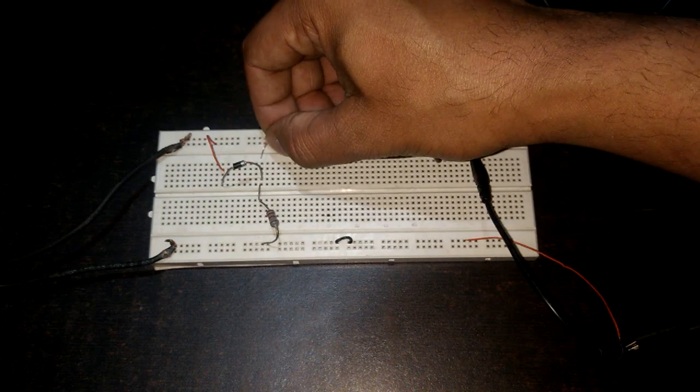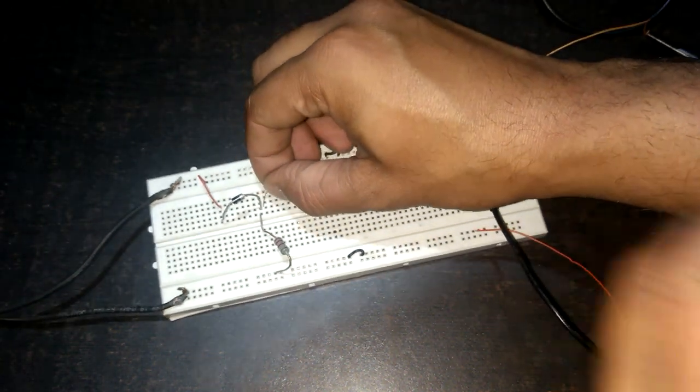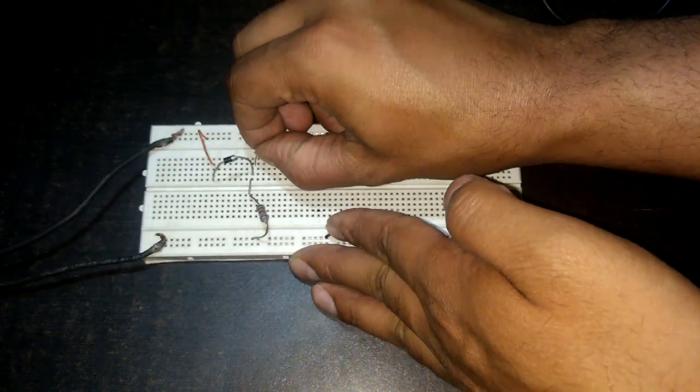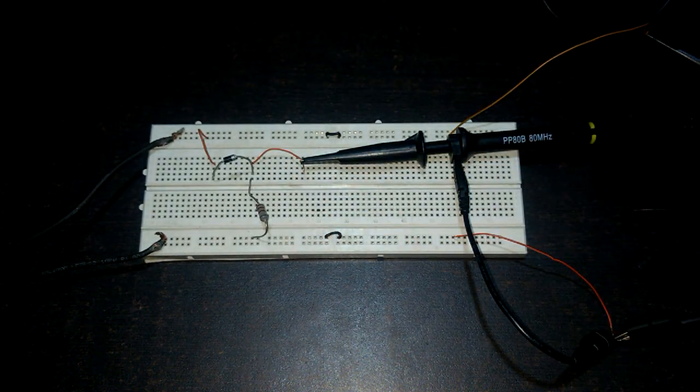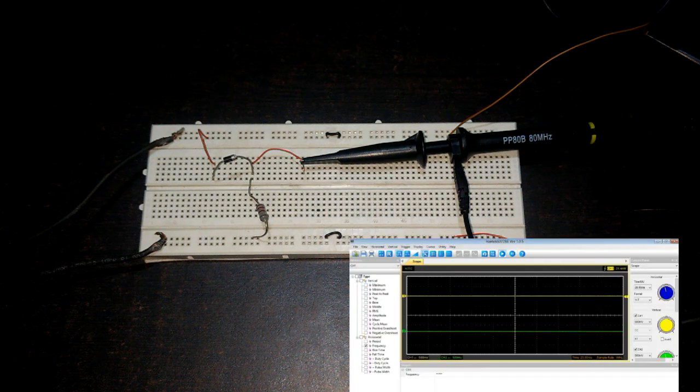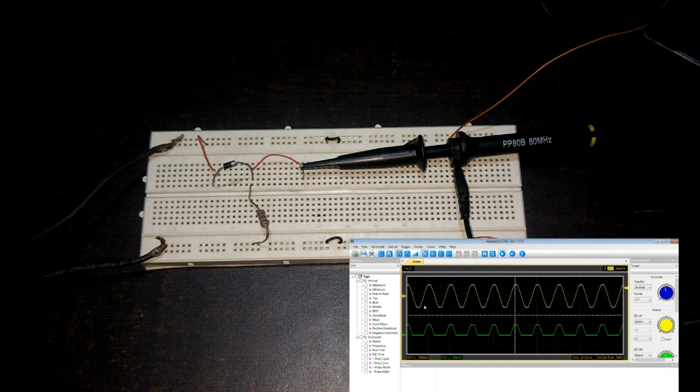Let's take output on oscilloscope and see waveform. As we can see, second channel in green shows output, which gives only positive cycle. There is output only for positive cycles and there is no output for negative cycles. So we get only half wave as output, hence the half wave rectifier.